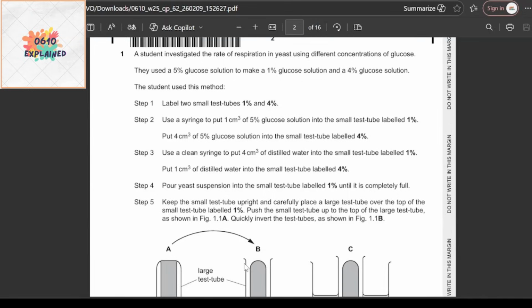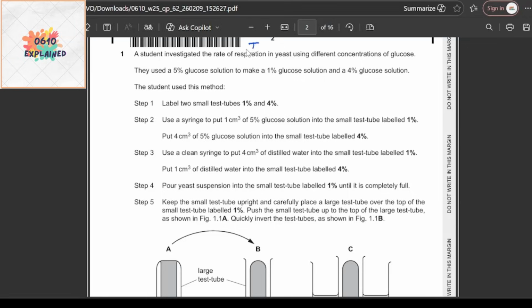So here we read that a student investigated the rate of respiration in yeast using different concentrations of glucose. As I have mentioned earlier in my videos, the first point that we need to do over here is to identify the independent and the dependent variable, which will always be present in the first line of this experiment question.